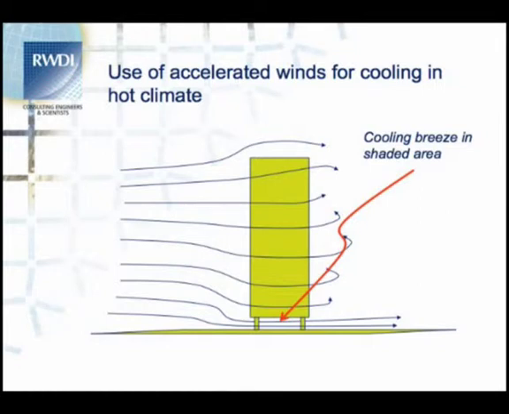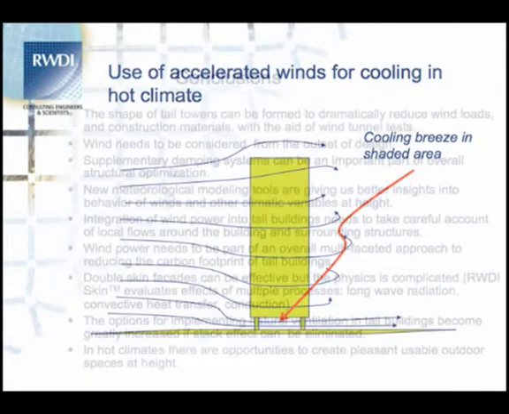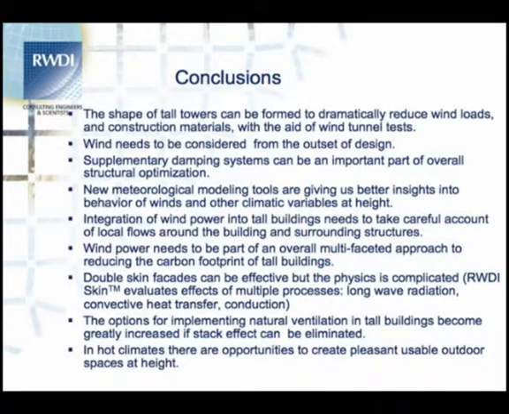And finally, back down at ground level, the idea of having openings at the bottom of the building to allow air to flow through and use the shade that you get down there as well can provide more comfort in hot areas. So to conclude, the shape of tall buildings can be formed to dramatically reduce wind loads.